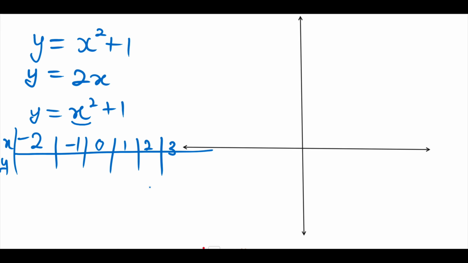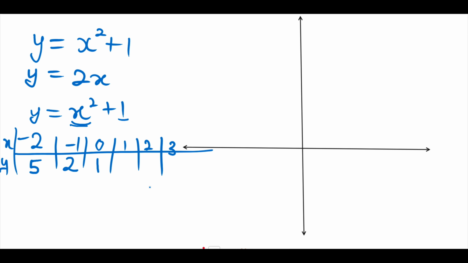Negative 2 squared will give us 4 plus 1, which is 5. The same thing applies to negative 1: negative 1 squared will give us 1, plus 1 will give us 2. Then we move to 0. 0 is plugged in place of x, so 0 squared gives 0, plus 1 gives us 1.